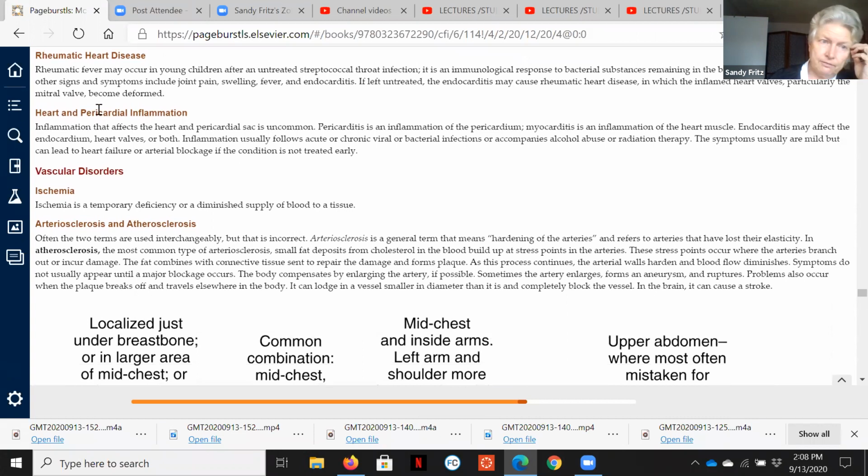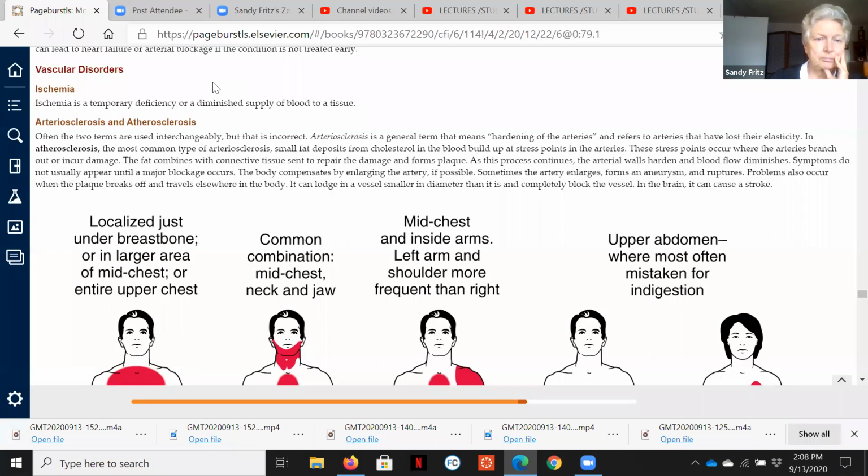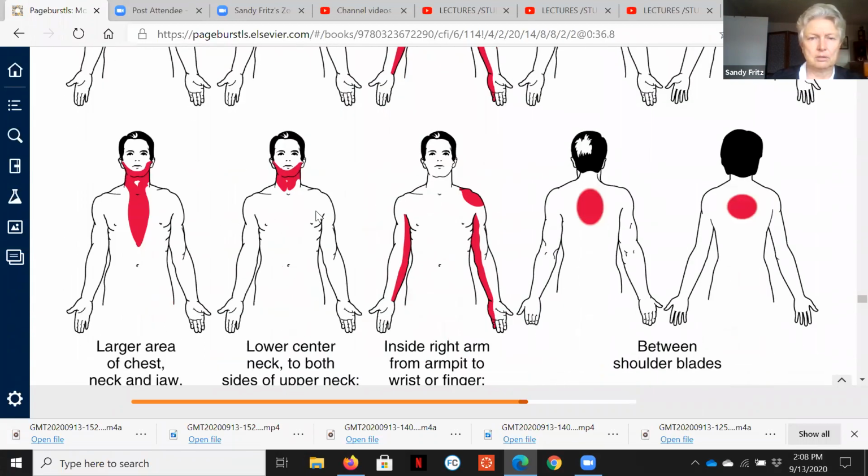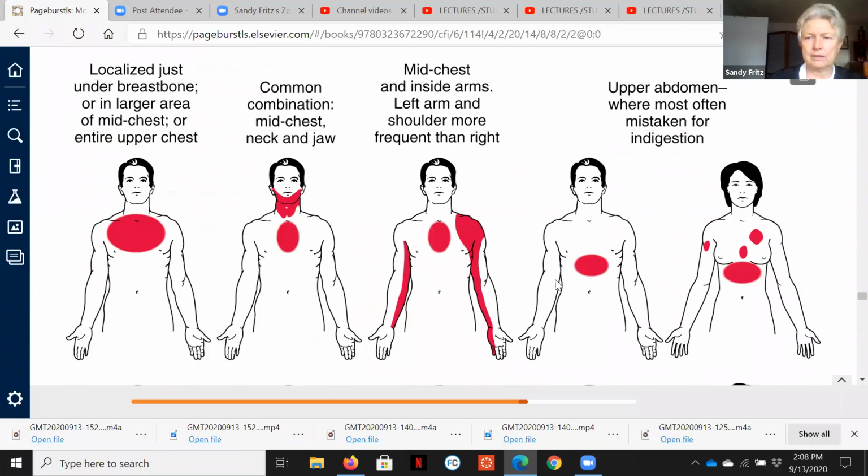You can also get infections of the heart, and there can be persistent inflammation in there. Then we have disorders that are more related to the tubes. So we've got arterial sclerosis and atherosclerosis here. Here are your heart attack signs or your cardiovascular stuff.